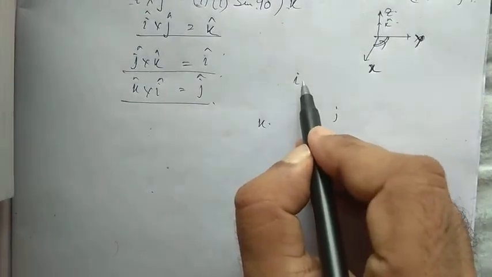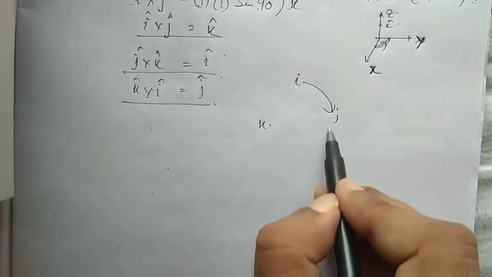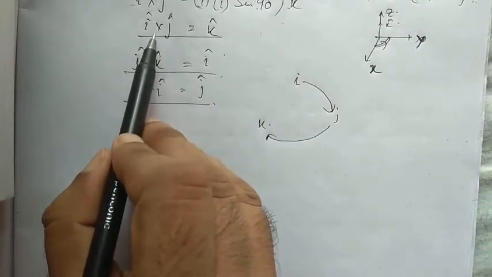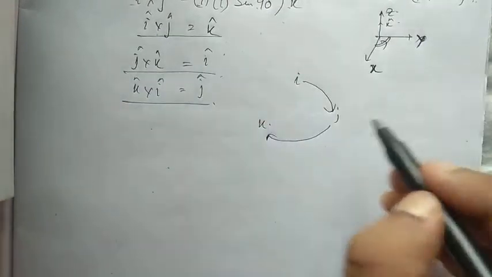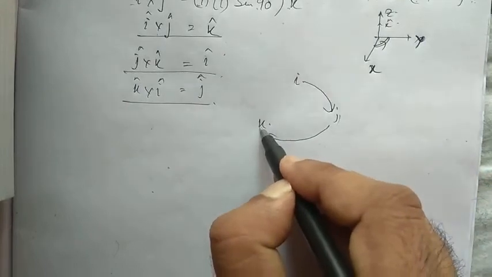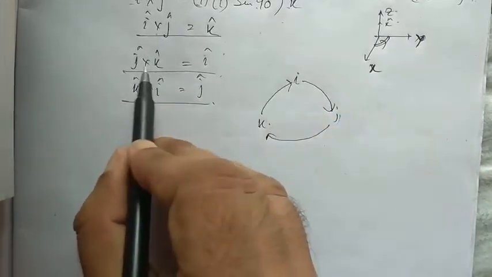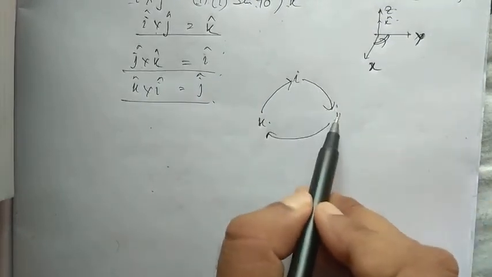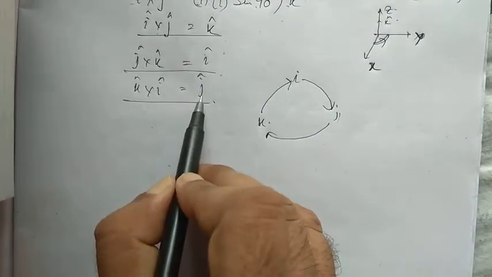So multiplying i and j, the vector product becomes k. j cross k results in i. Again, k cross i results in j.